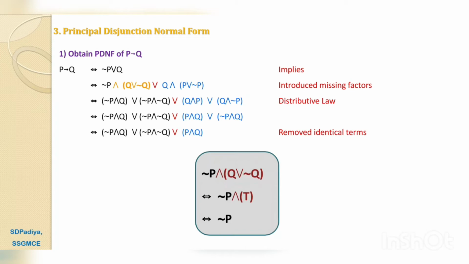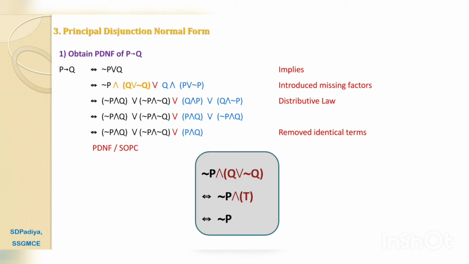That's why remove one term. By removing the identical term, the final answer is not P and Q, or not P and not Q, or P and Q. Now if we focus, the first term contains all the factors P and Q, the second term contains all the factors P and Q, and the third term also contains all the factors P and Q. That's why it is the final PDNF, that is the sum of product canonical form.